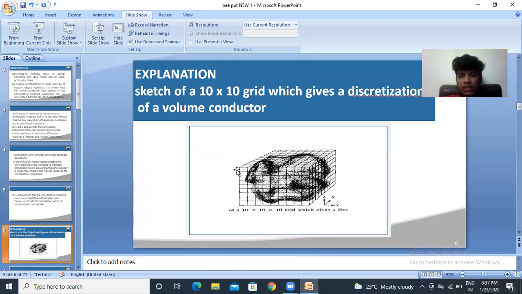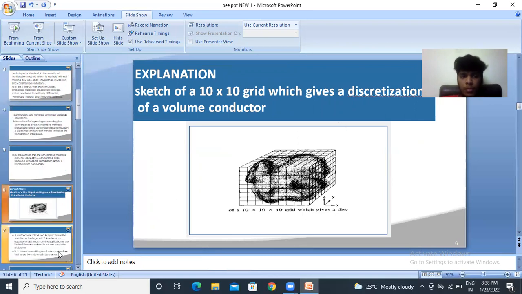Here you can see the z-axis, this is the y-axis, and then the x-axis. So this is a 10 by 10 grid which gives a discretization of a volume conductor.